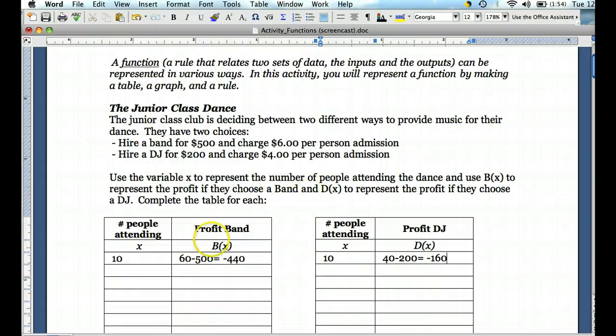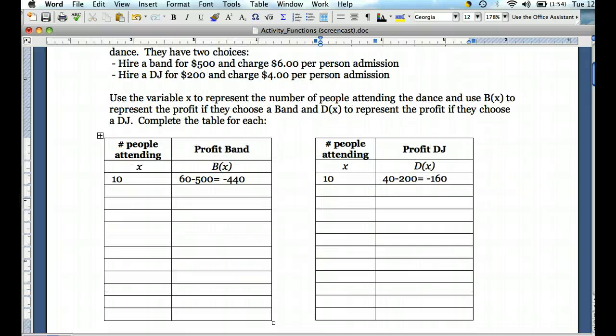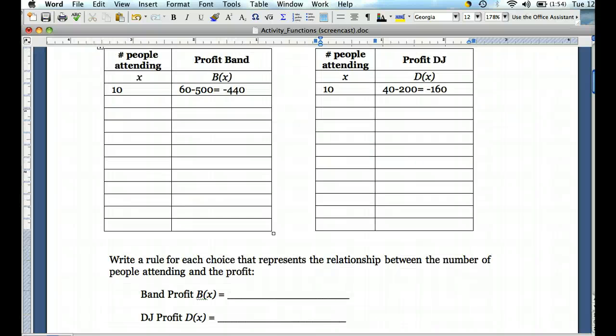Okay, so hopefully you have filled out your table here for 10 people, maybe 50 people, 100 people, 500 people, different values in order to get a sense of when does the profit actually break even, because that's an important number to know, and also when do we start actually making money. How many people do we need to sell tickets for this dance in order to start making money?